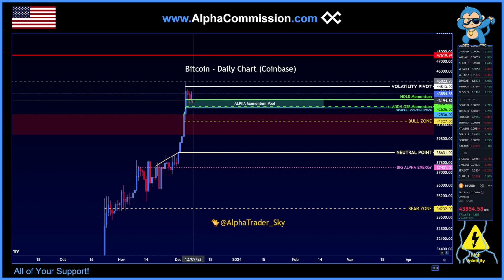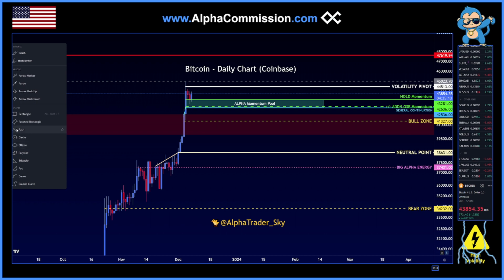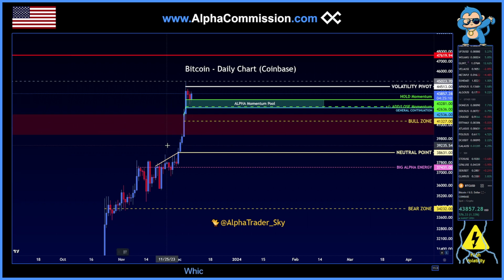In other words, this is our front runnable zone. So generally speaking, our trades are going to be made off of the alpha momentum pool. And since we're using a momentum tactic, one thing that we can see is that we have a strong momentum to the upside, right? This is obviously a strong trend, a strong momentum to the upside here.